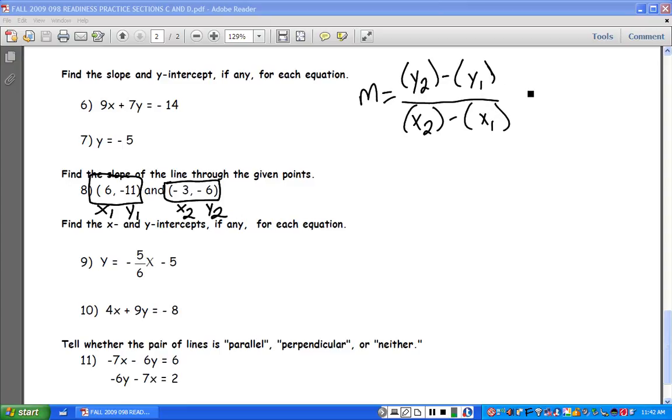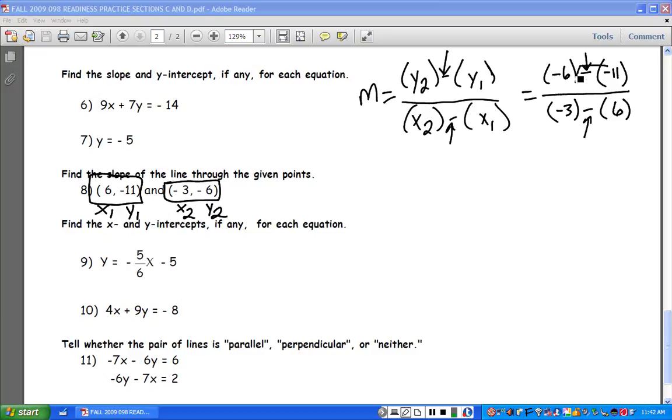So y2 would be -6, minus my y1, which is -11, over, and notice this minus sign right here is part of the formula. Now x2 on the bottom, which is my -3, minus, again, this minus sign is part of the formula, minus my x1, which is just 6.